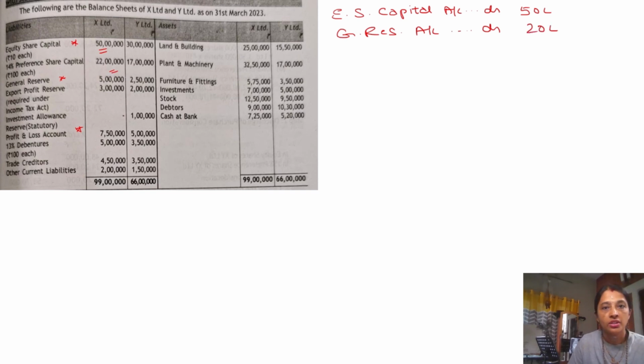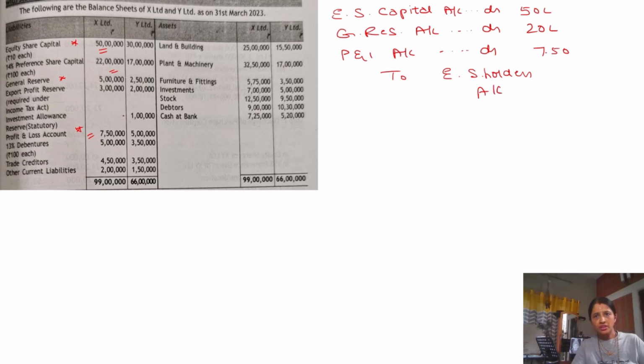Look at the balance sheet. Then profit and loss account debit, amount is 7,50,000. Transfer all these things to owners of the company, which is equity shareholders account. You have to take the total. 50 lakhs plus 20 lakhs plus 7,50,000, which is 62 lakhs 50,000. So being equity share capital, reserves and surplus transferred to equity shareholders.